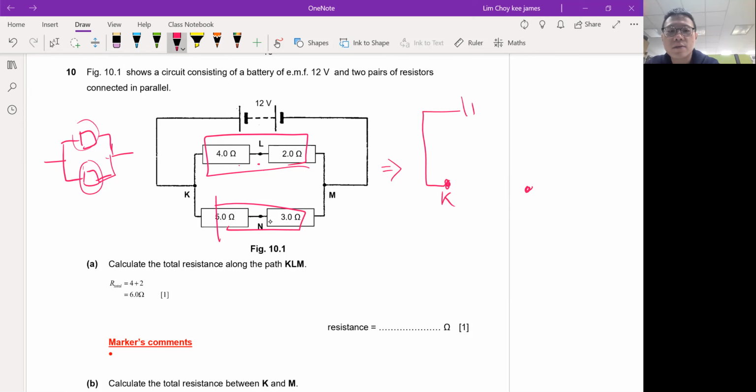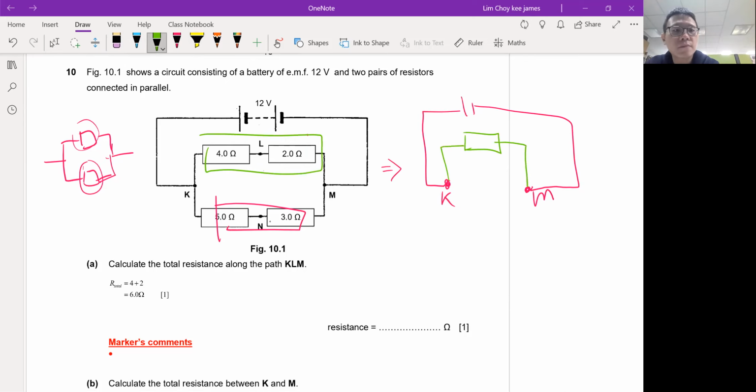This is K, this is M. On top is this, below will be this. So I will label this as series 2.